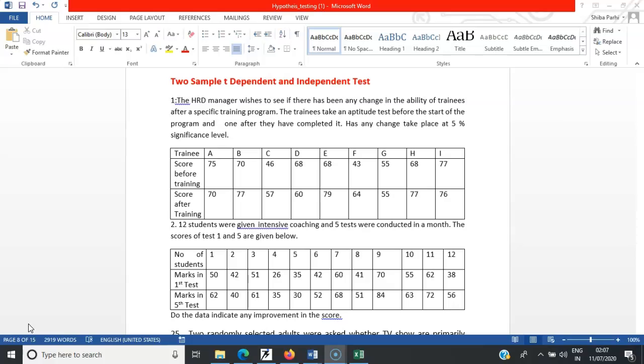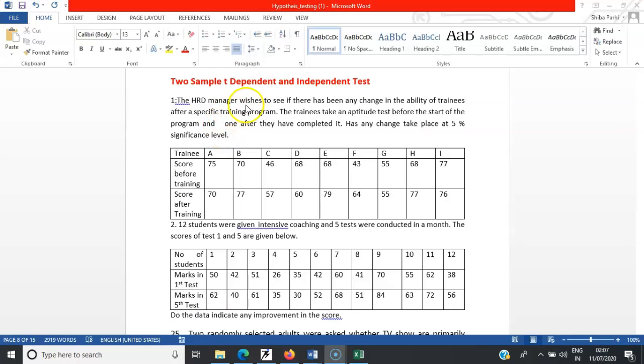But if you are giving the medicine to one sample, but you are testing another group of sample with the placebo or without any medicine intervention, then you see the recovery rate of the two different groups and you compare both of them. So this is the way you can go for the two sample T dependent test or independent test.